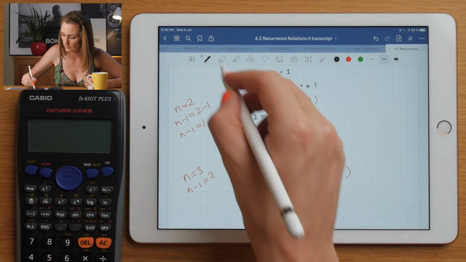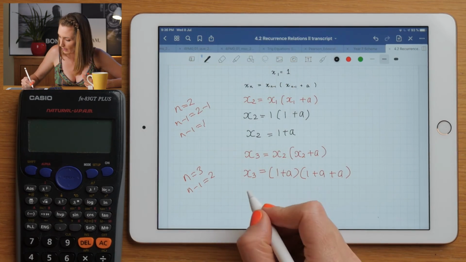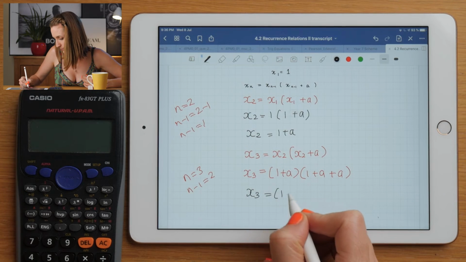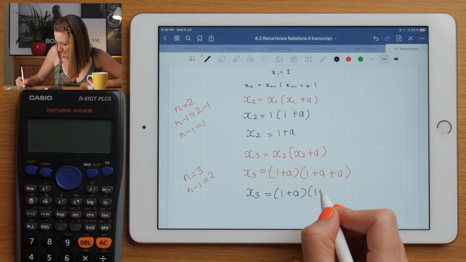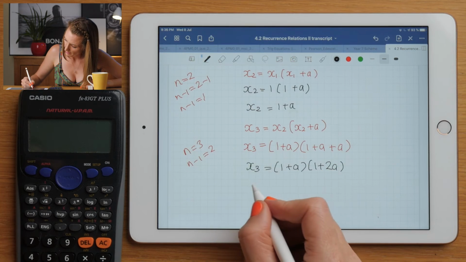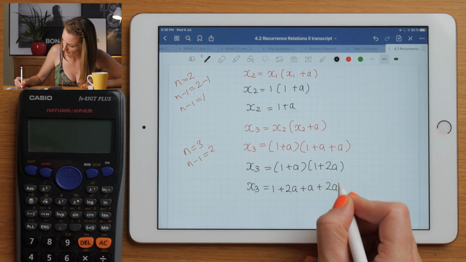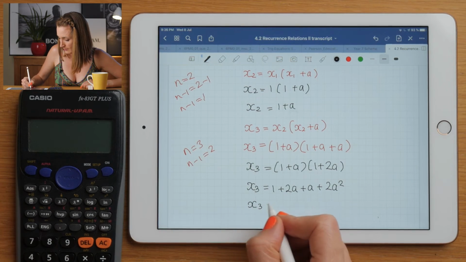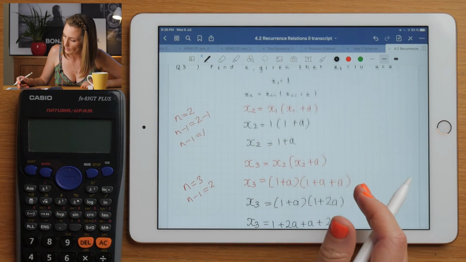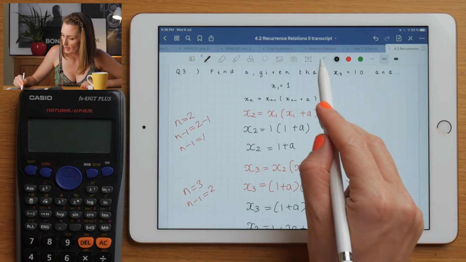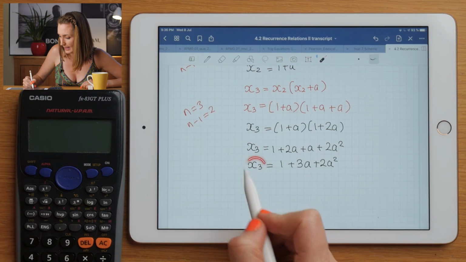Oh, I'm writing in red, let's go back to black. And let's multiply out the brackets. And now we know that x3 is 10, so we can put that here.